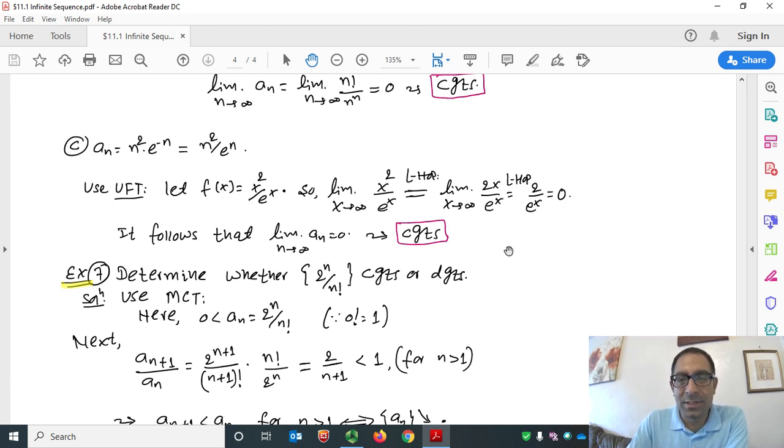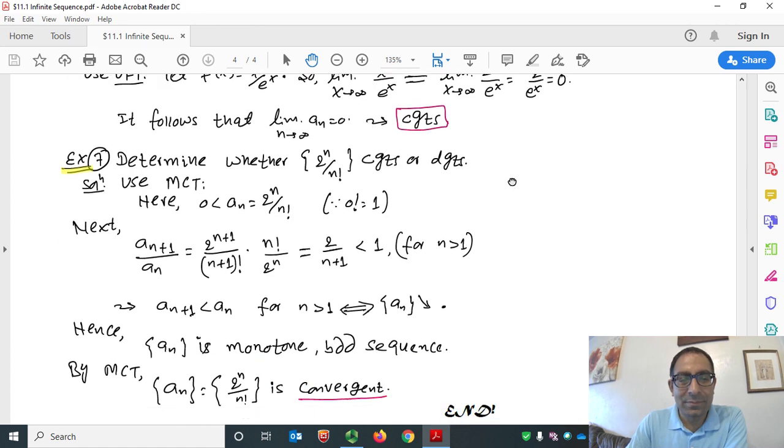Use L'Hopital's. The derivative of 2x is 2, the derivative of e to the x is e to the x. So we have 2 over e to the x. Then take the limit. When x goes to infinity, 2 over infinity equals 0. That means the function converges, so the corresponding sequence converges to that number, 0.